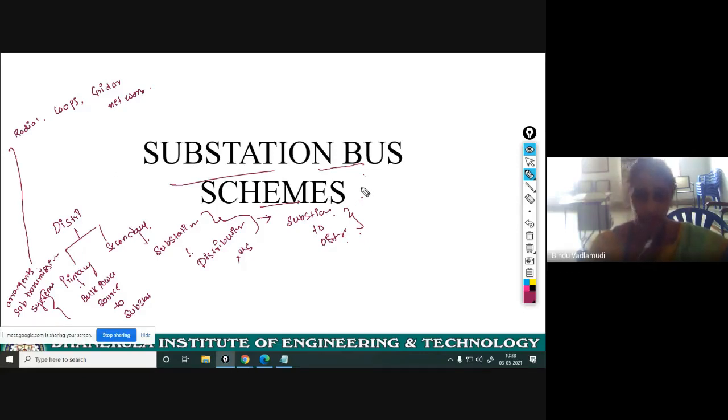Mostly you get confused, and if the question is asked for the sub-transmission system, many times you will write the answer as bus schemes. Don't get confused. Sub-transmission system is a part of the primary distribution system which explains the connectivity between a bulk source and the substation, whereas substation bus schemes are from the substation to distribution transformers.